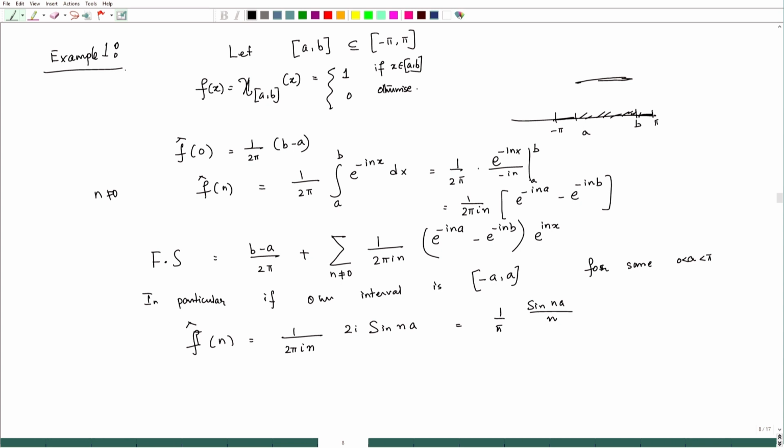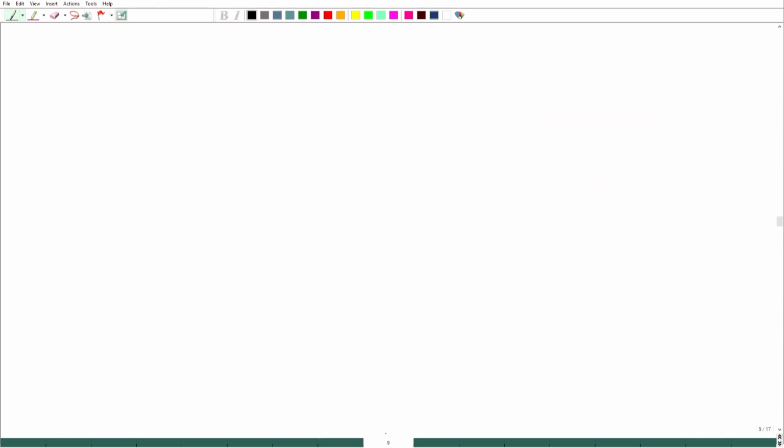And similarly, if we want another example, let f be 2 pi periodic and f of x is equal to mod x on minus pi to pi.